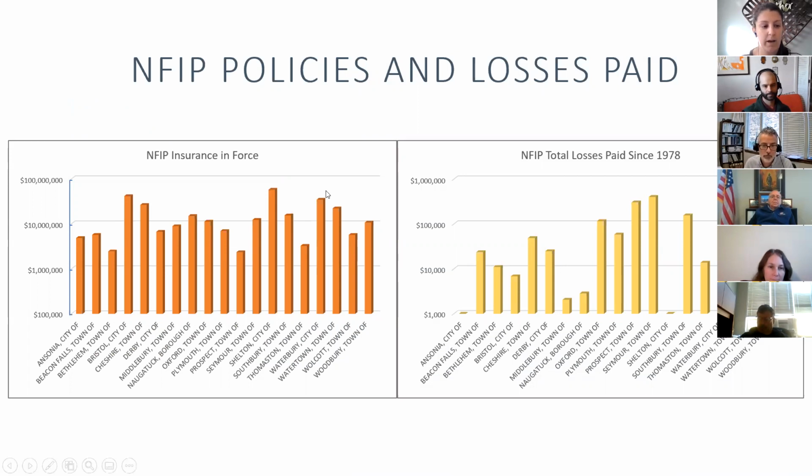So we take a look at that in comparison to how much is in force, right? So we could see some municipalities, Prospect, Seymour, Wolcott, have some of the higher numbers of NFIP losses paid. It really reiterates the importance of flood insurance as well. So these are some numbers we take into account.